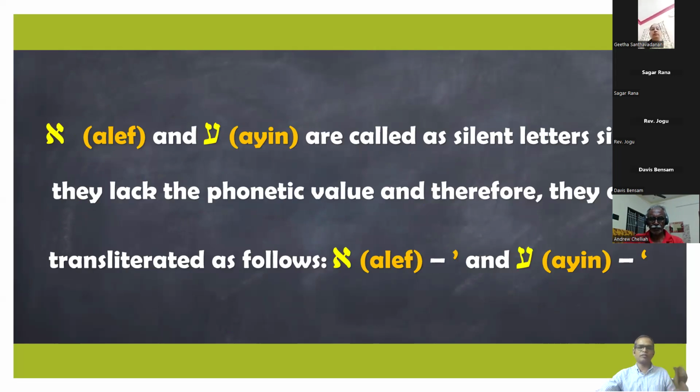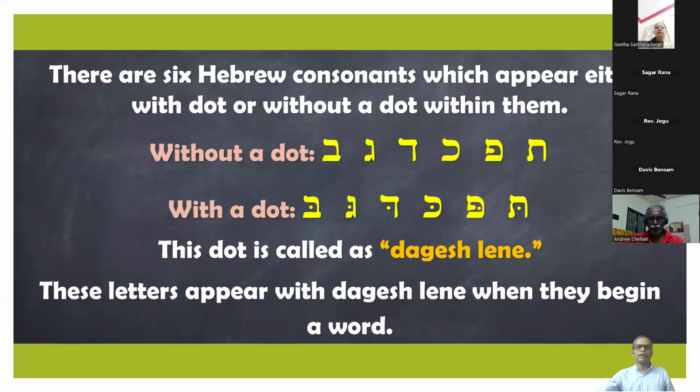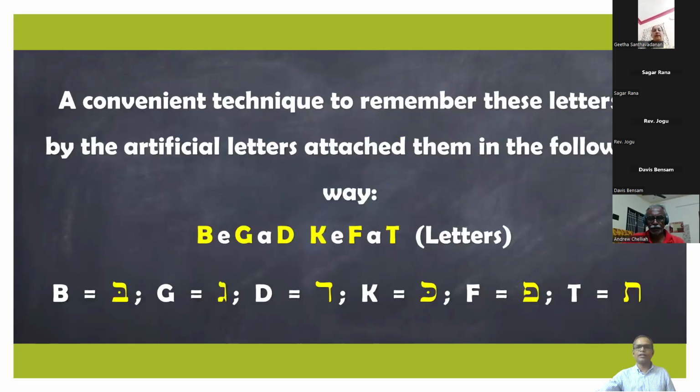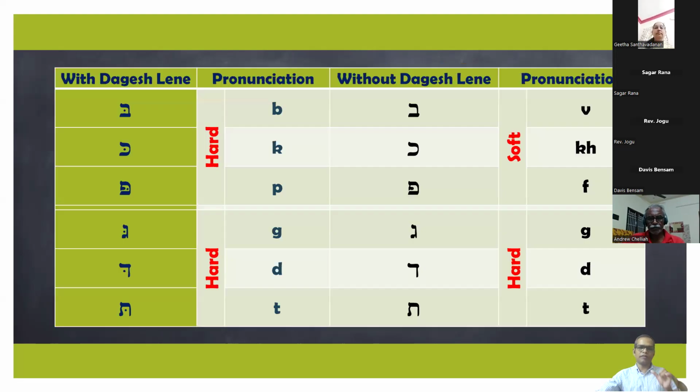All the letters appear separately without touching one another. Six letters come under the category of Begad Kefat letters. They appear with dot or without dot. The name of this dot is Dagesh Lene. And three letters will be affected with the presence of the dot and without the presence of the dot when it comes to the pronunciation.